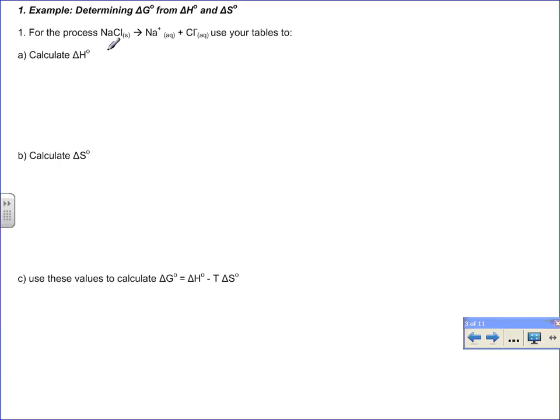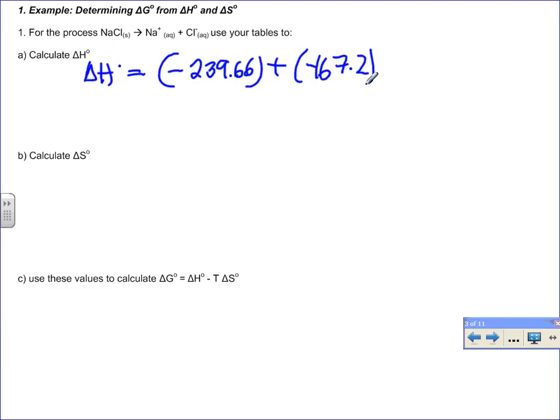So we've got this process here of sodium chloride dissolving. We can calculate the delta H naught for this system using our heats of formation values from the thermodynamic tables. So we're going to take the enthalpy of formation of sodium ions plus the enthalpy of formation of chlorine ions, and we're going to subtract the enthalpy of formation of solid sodium chloride.